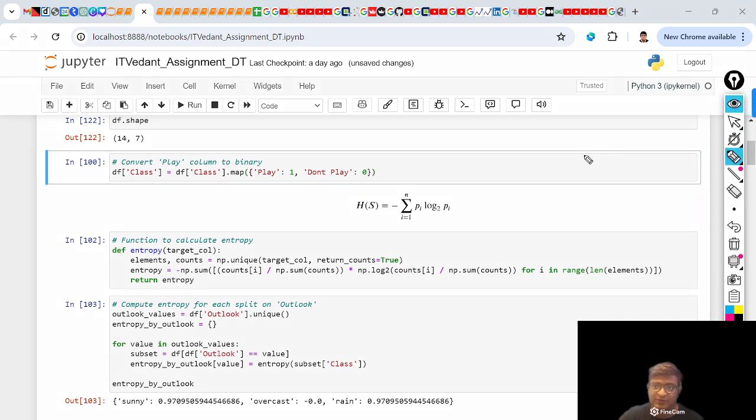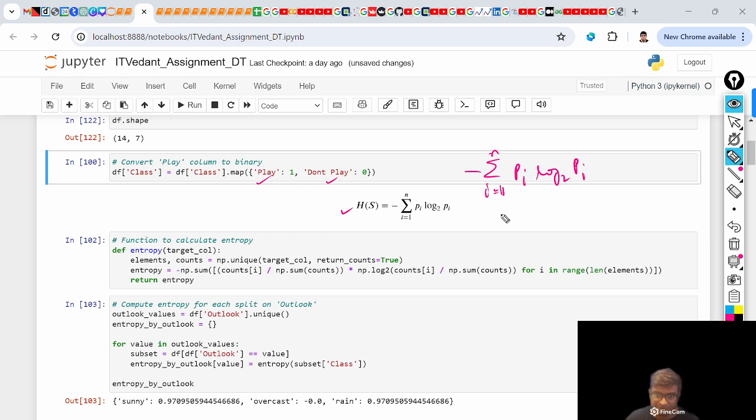So for entropy, entropy is calculated using this formula, which is pretty simple. Basically, it is the negative of the summation from i equal to 1 to n of the probabilities of positives and negatives times log 2 of those probabilities, with respect to the target column. So in our case, we have a binary classification because we have play and don't play.